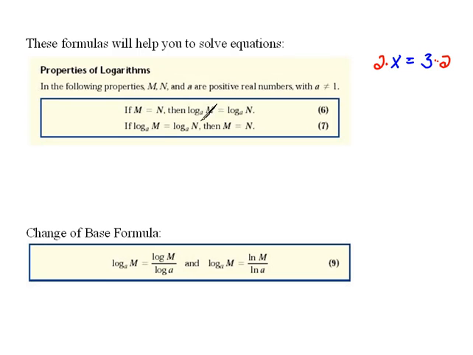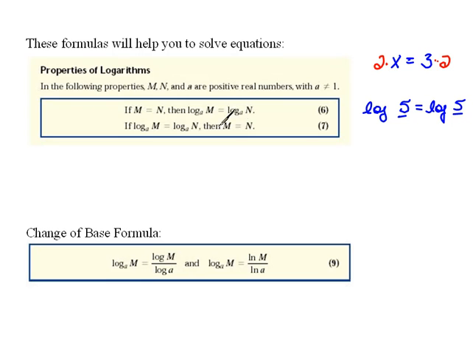Well, with logs, it's got to be the same also. If I say that 5 is equal to 5, then the log of 5 has to be equal to the log of 5. They have to be the exact same thing. If these arguments are the same, then the log of them should be the exact same thing also.